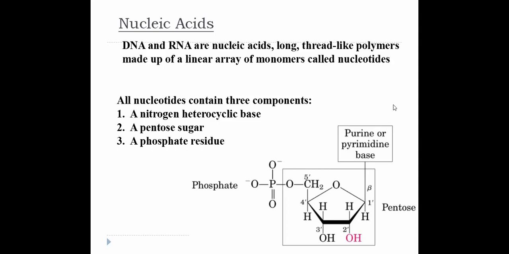Please mute your microphone. So we have the purine base, then the pentose sugar and the phosphate. This is just emphasizing the structure. Always remember these 3 components: a purine or pyrimidine base, a pentose, and a phosphate.